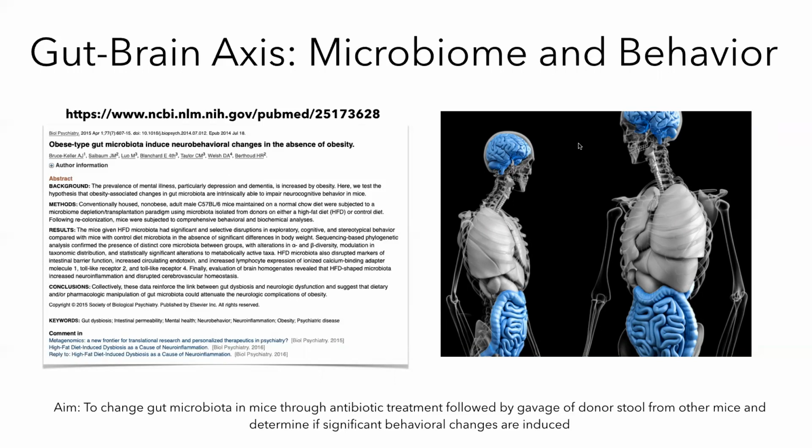Now, there are many different ways that the gut and the brain can be interacting, but I think in this context, what they did, they gave high-fat diet to some mice at a young age, when the microbiome is forming. For humans, the microbiome typically is formed by around age 4 or 5.